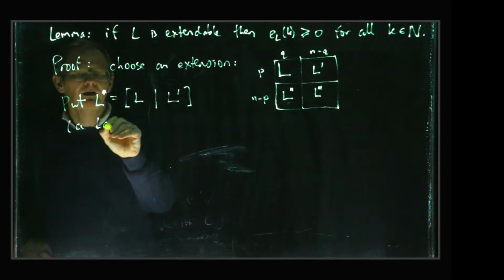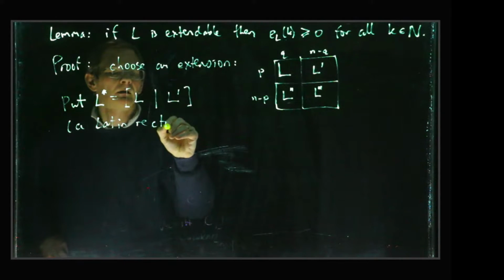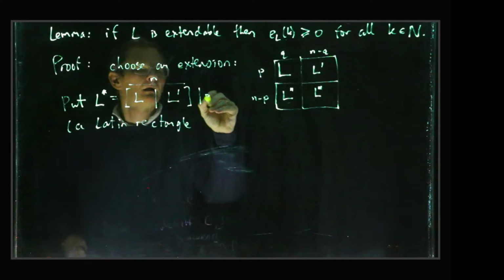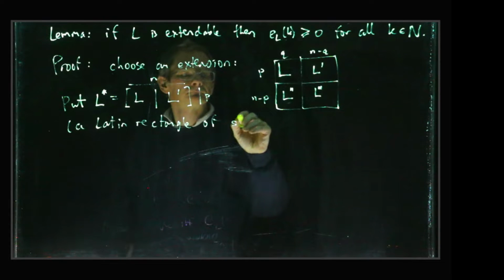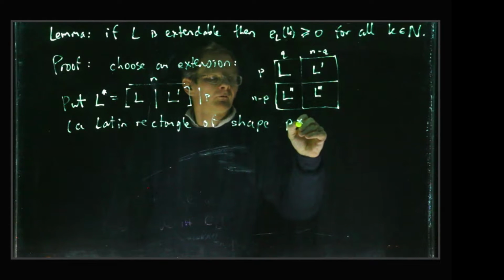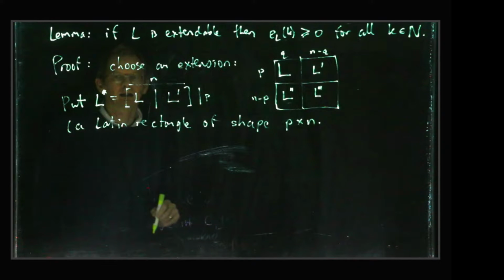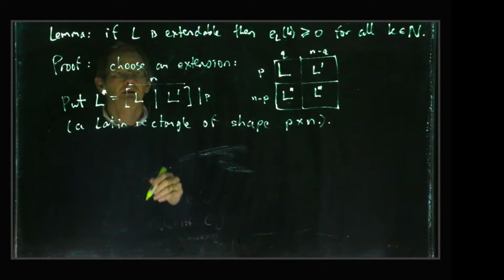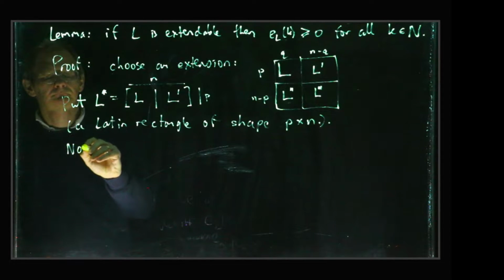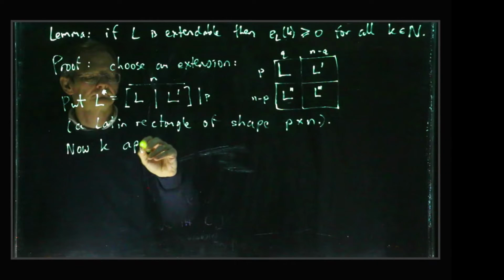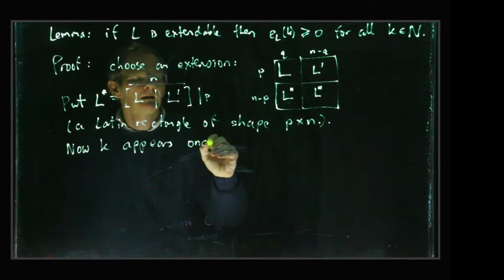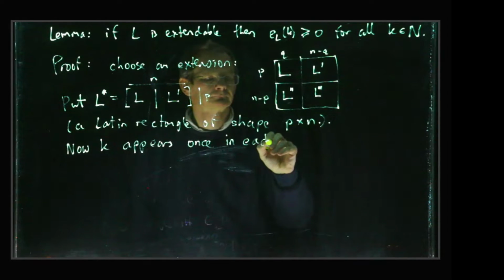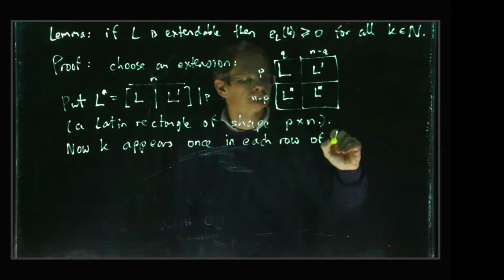This is Latin, so it's shape P by N. And now remember, K has got to appear once in each row of L upper star.